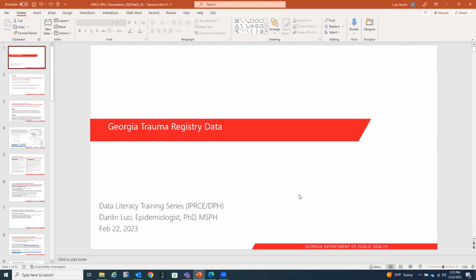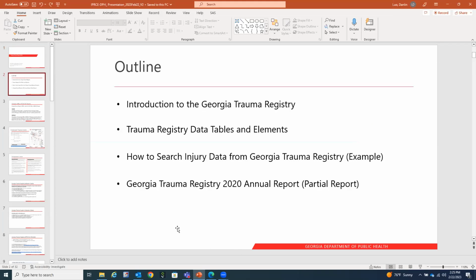Good afternoon, everybody. I'm Danlin Noah, a trauma epidemiologist from Georgia DPH, and today my topic will be Georgia Trauma Registry data. Here is the outline. First, introduction to the Georgia Trauma Registry, then trauma registry data tables and data elements, and then how to search injury data from the Georgia Trauma Registry.